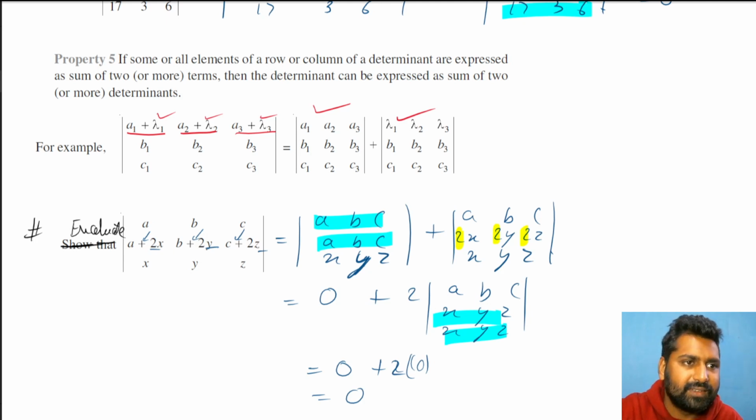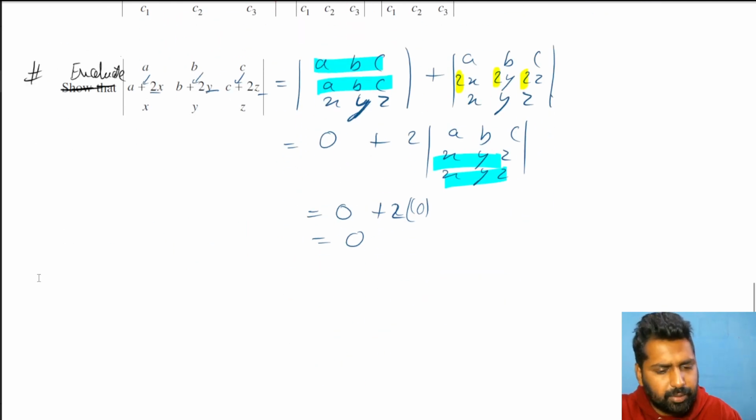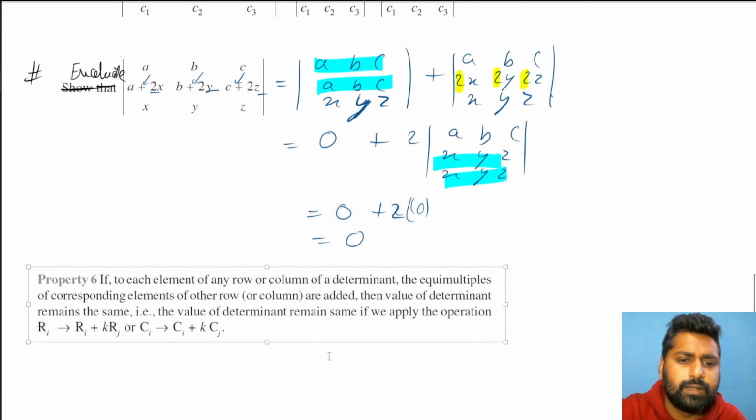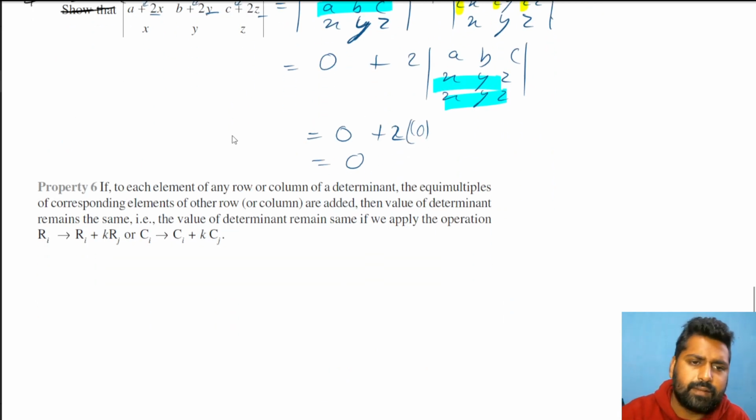Okay. All right. Finally comes the last property, which I said is the most important, like 99% of questions are done through that property, you'll see. The property says, no need to read this, just understand this.